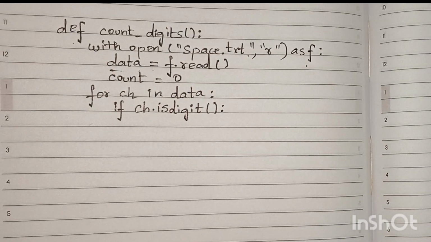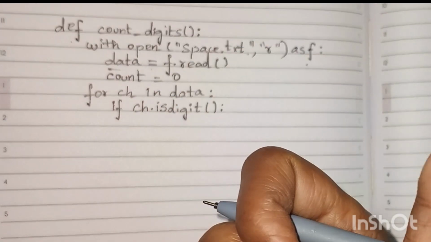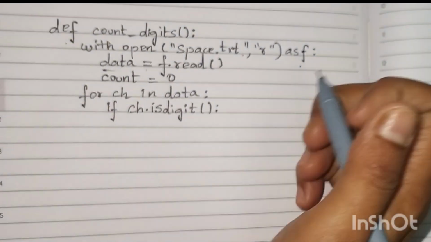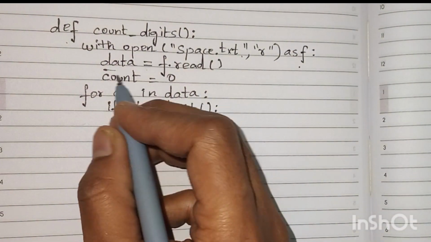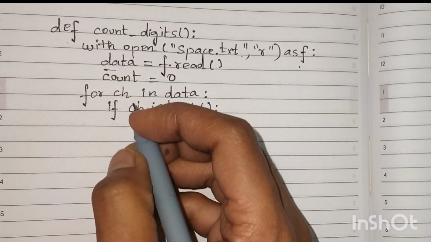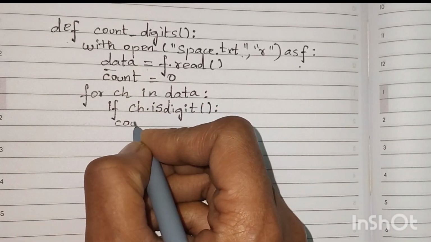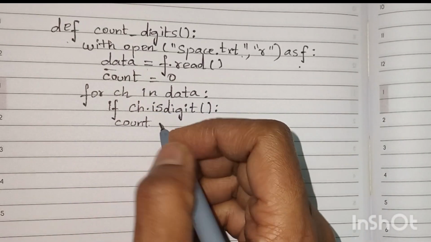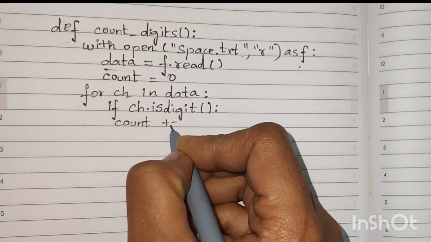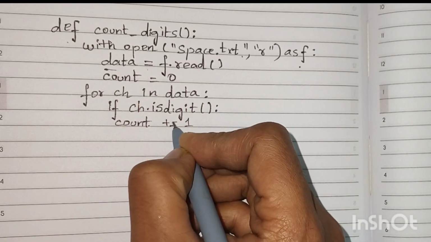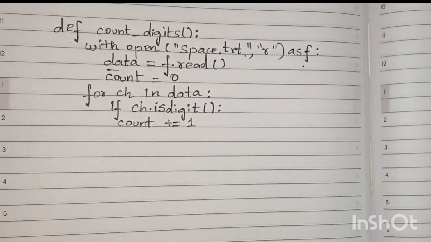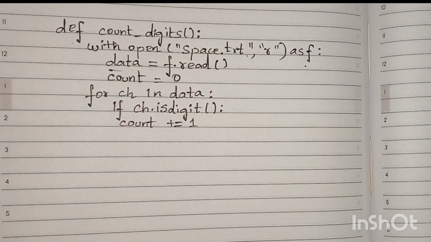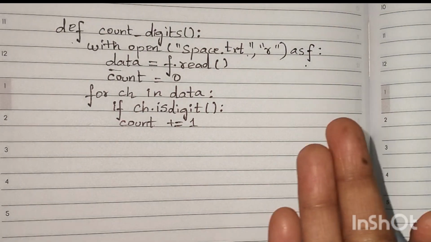Okay, fine. Now the next step is to increase the count. Okay, so let's see how to do that. Writing the same variable name count. Okay, so count += 1, which means count is equal to count plus 1. Okay, whenever a digit is found, increase the count by 1.